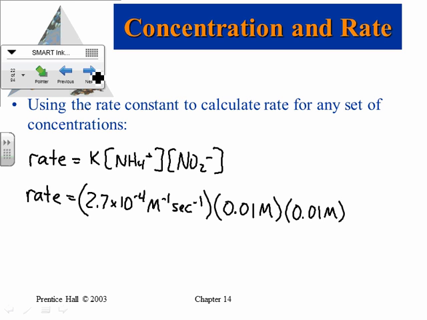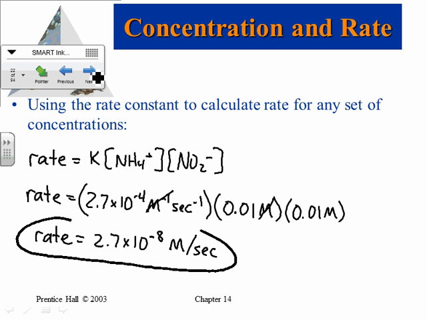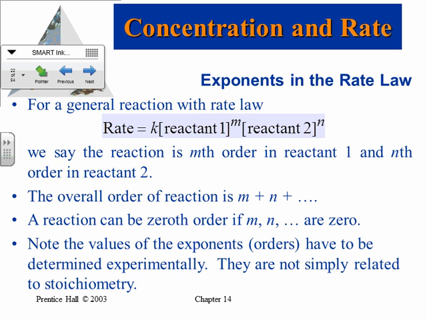Then we multiply all that together, and that should give us our rate at this particular set of conditions: 2.7 times 10 to the -8th. And our units here, molar to the -1 cancels with one of the molars, and then we end up with molarity per second, which is a good unit to have for a rate. So that's how that all works.